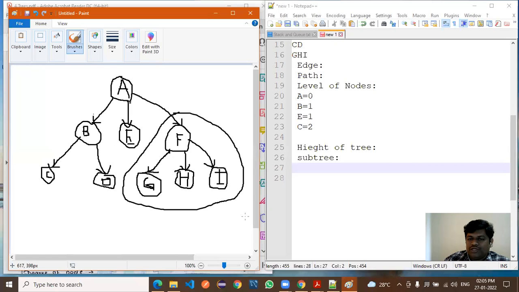So this is the subtree. A tree may be divided into subtrees, a connected structure below the root node. So these are the few terminologies we are using in the tree concept. Now, did all of you understand? Is there any doubt up to this?